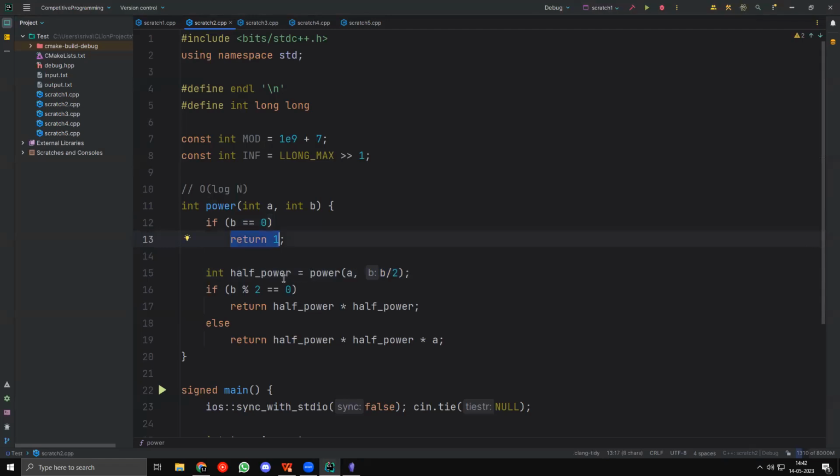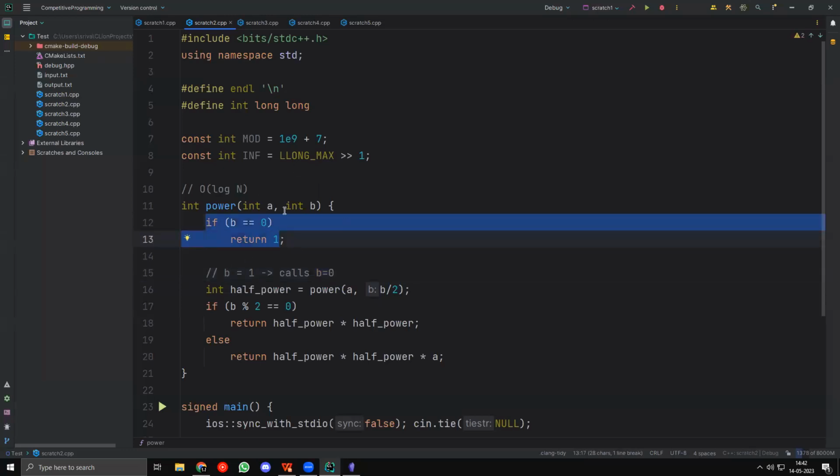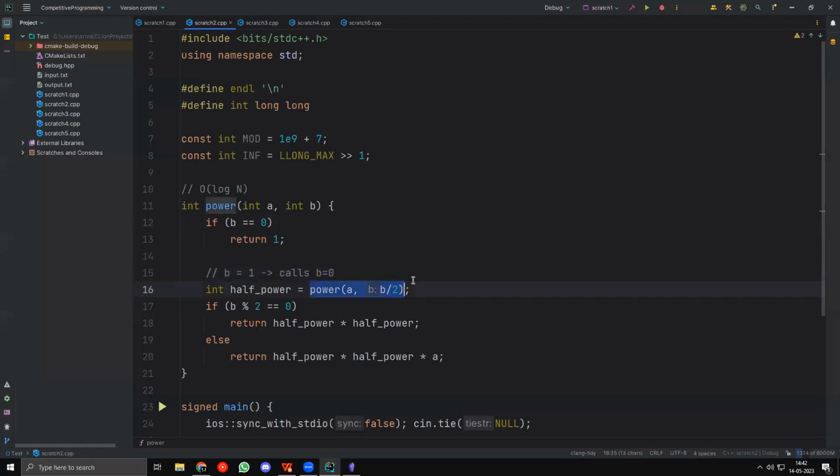So what happens is the power function called in from, let's say here, b was equal to 1, right? If b was equal to 1, this would have called power of a comma b by 2, which would have called b equal to 0. Now, after it calls b equal to 0, it immediately gets returned the value of 1. So it says, okay, I won't call this again.